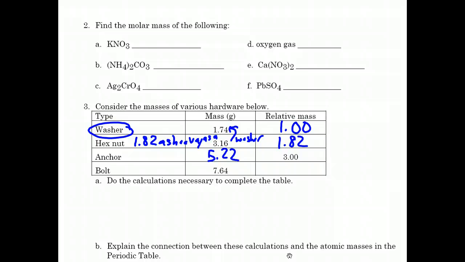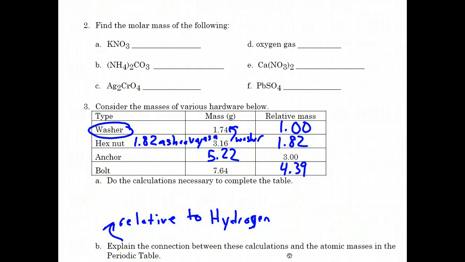And then this one would be 4.39 times as heavy as a washer. And the connection between these and the atomic masses in the periodic table is that everything was relative to hydrogen, which has a mass of 1. Okay, so those are relative masses is the idea there.